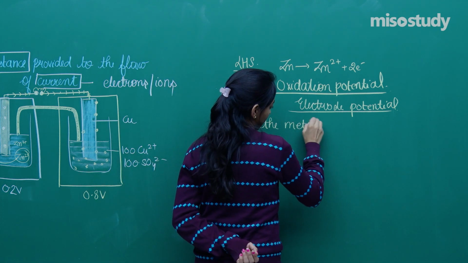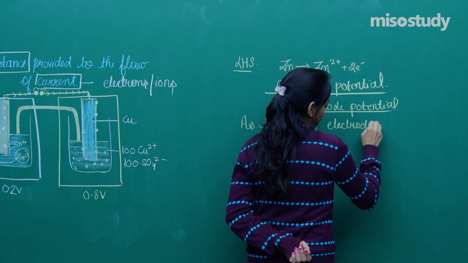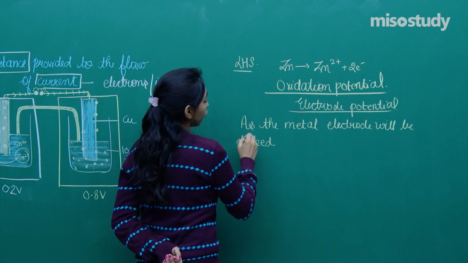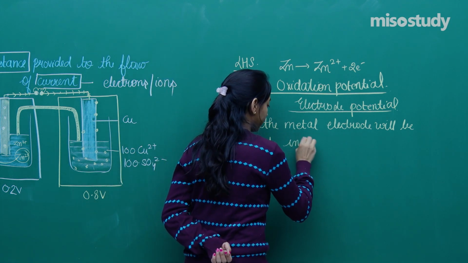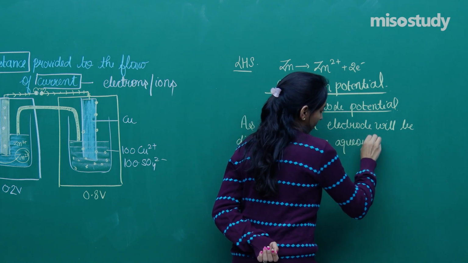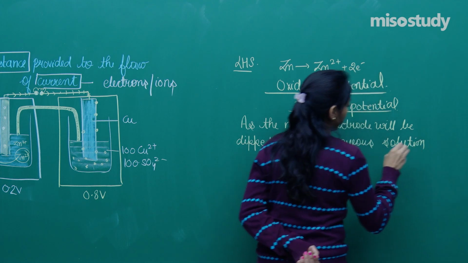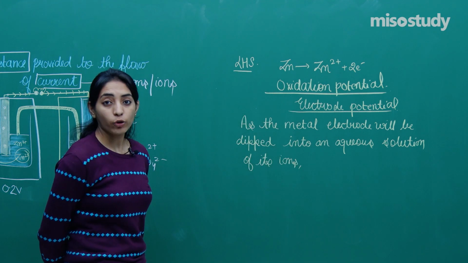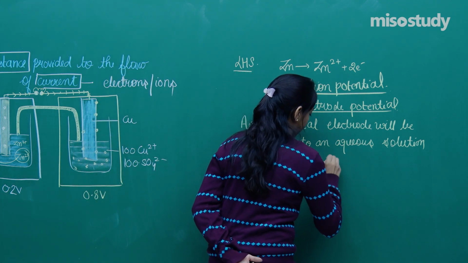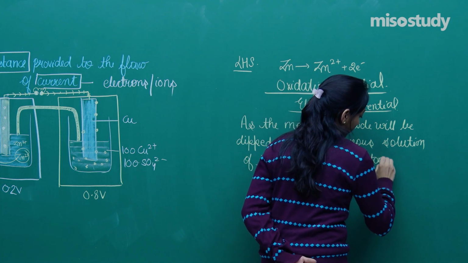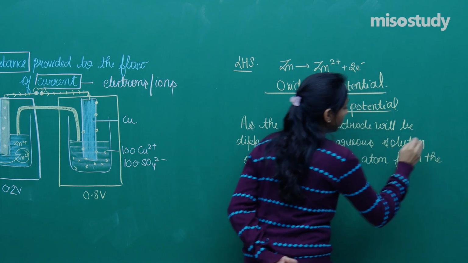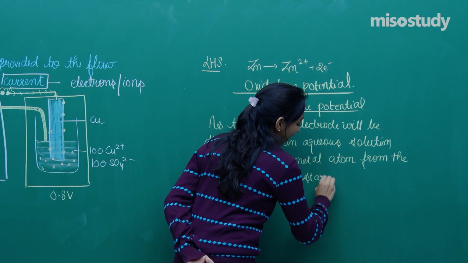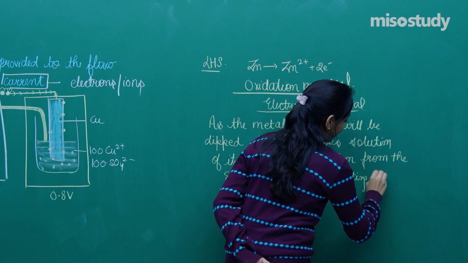as the metal electrode is dipped into an aqueous solution of its ions, the metal atom from the electrode will start getting oxidized.